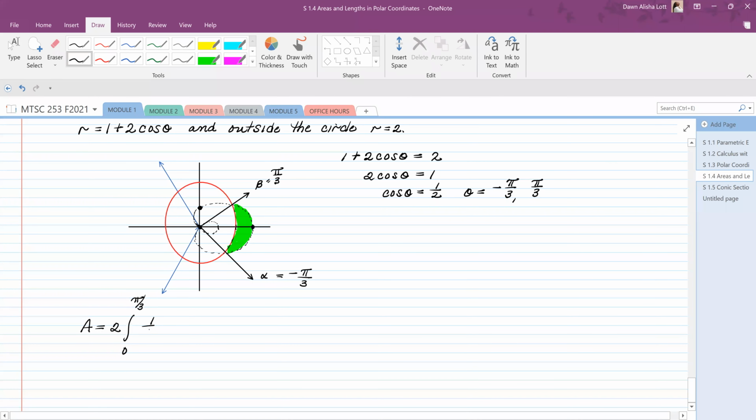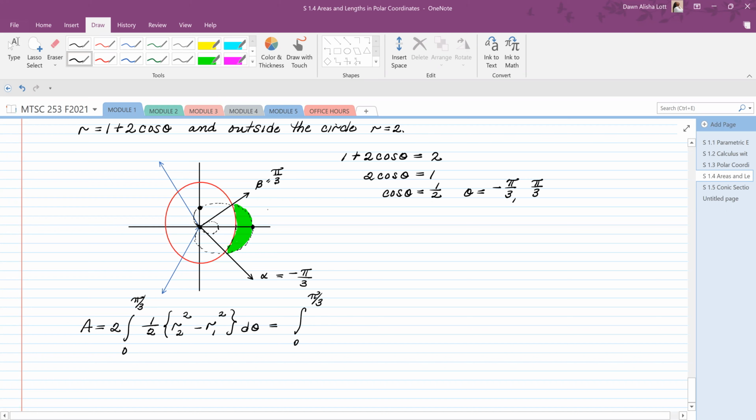So the area of the region we want is 2 times the integral from 0 to pi over 3 of 1/2 times R2 squared minus R1 squared d theta. So the 2 and the 1/2 are going to go away.